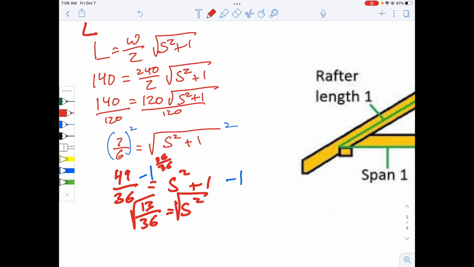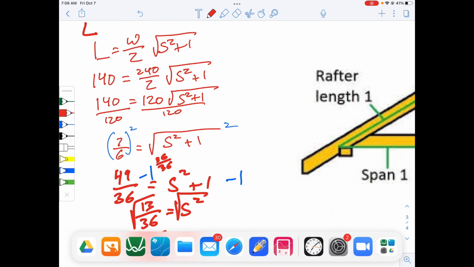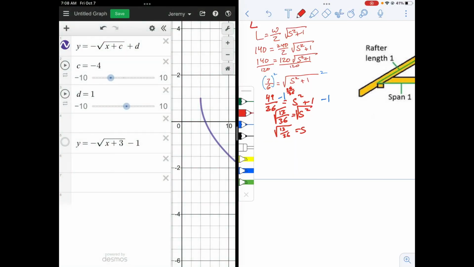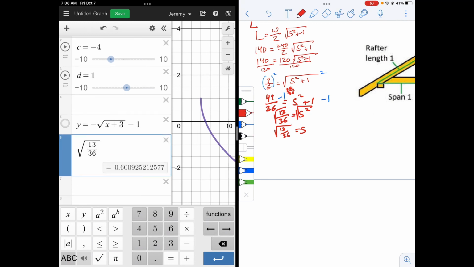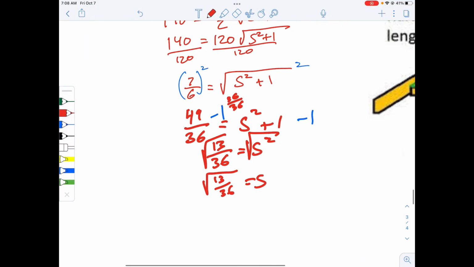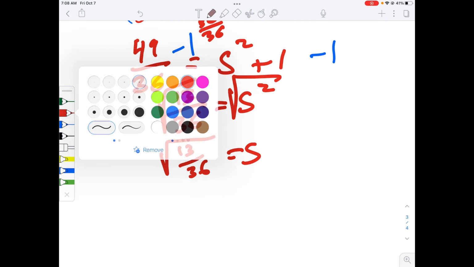And now we can square root. The exact answer is the square root of 13 over 36. Or we can go to our calculator. Let's open that up. Square root of 13 divided by 36, and we get 0.6. So the slope is 0.60. That's good enough there for us.